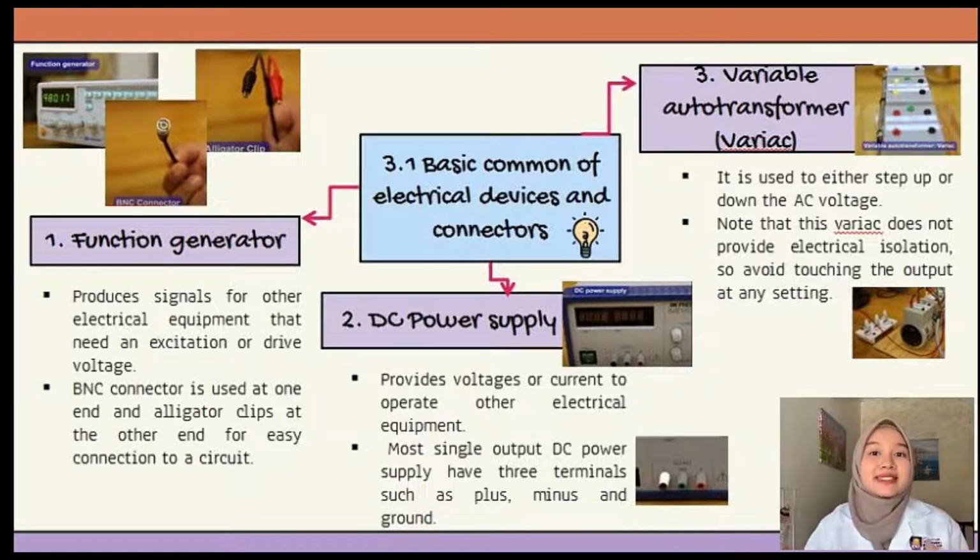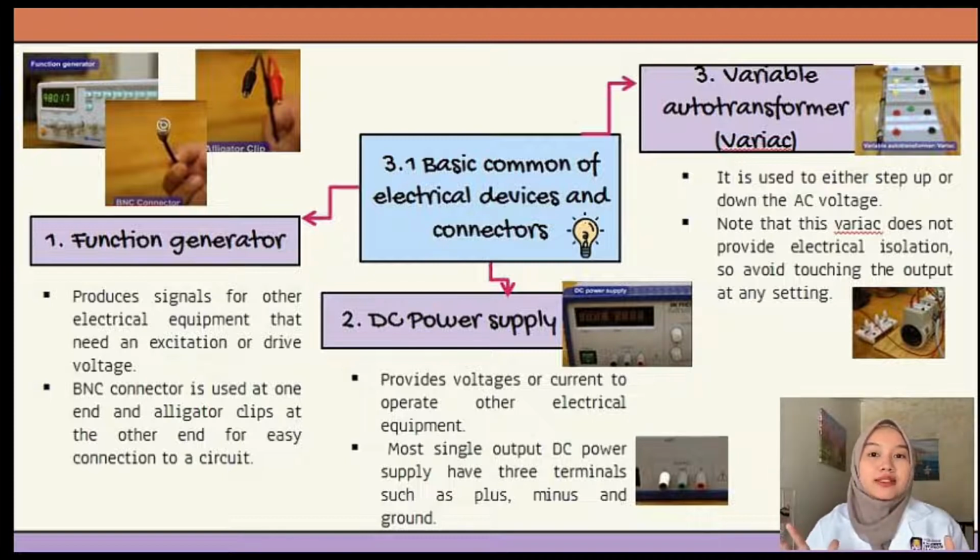Next is the DC power supply. It is used to provide voltage or current to operate other electrical equipment. Most single output DC power supplies have three terminals, which consist of plus, minus and ground.